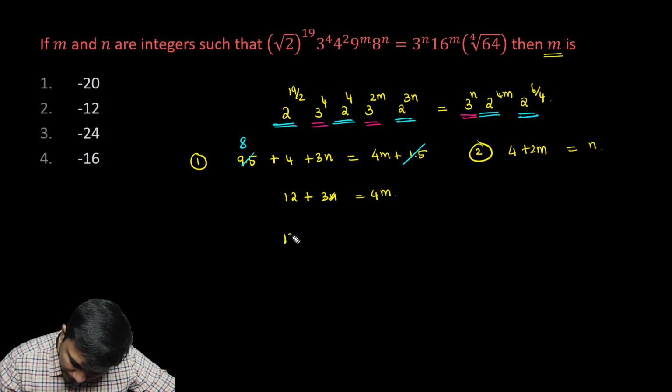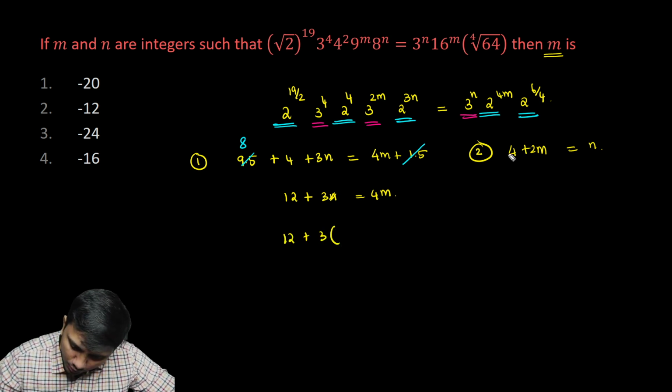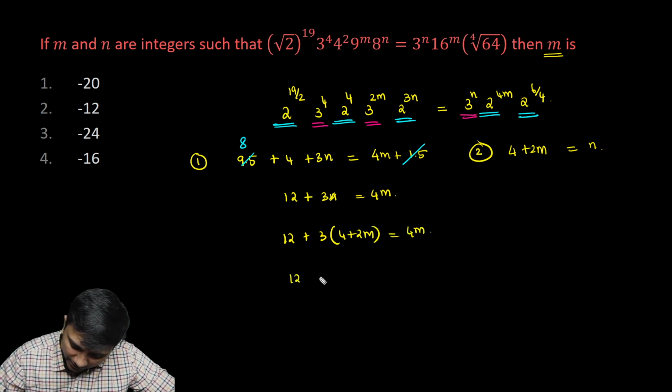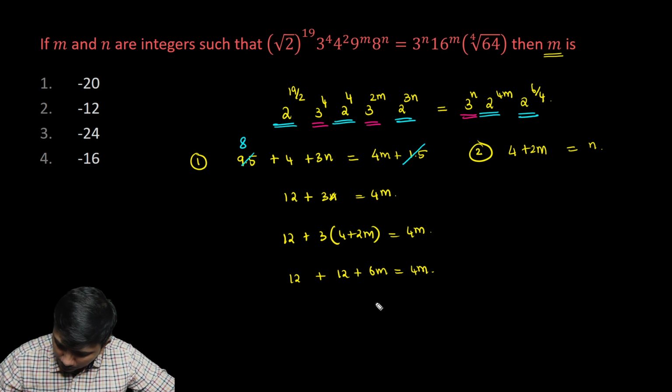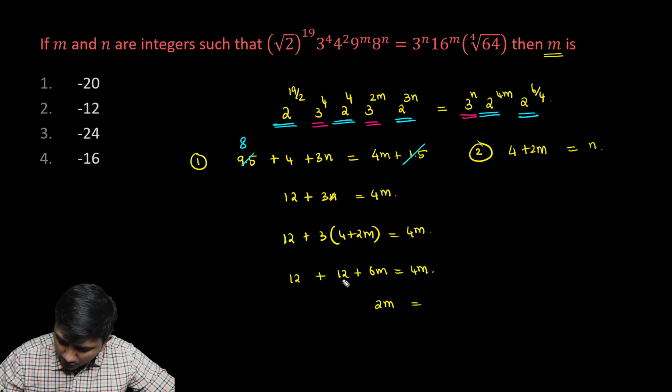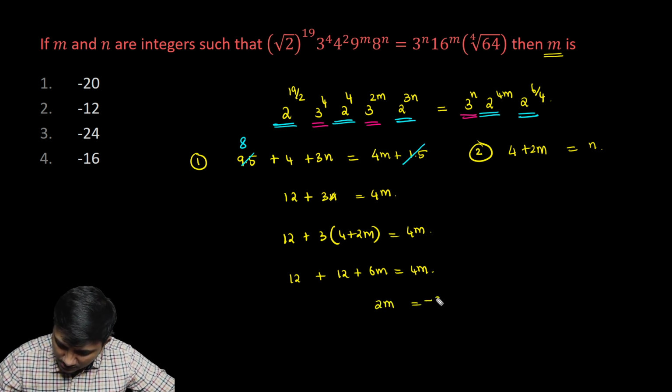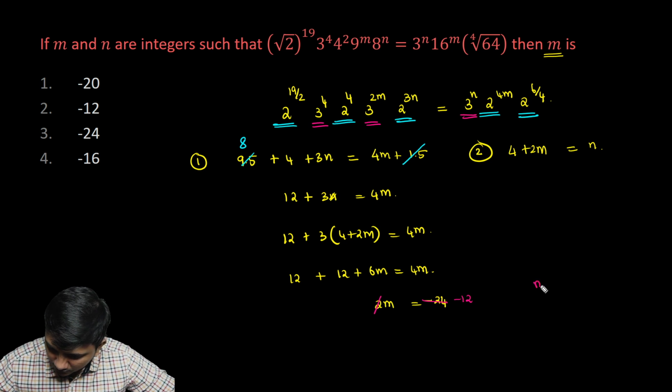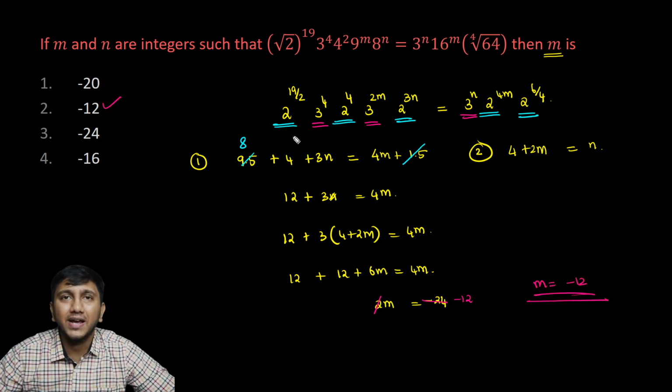So this will become 12 plus 3 into 4 plus 2m is equal to 4m. That's 12 plus 12 plus 6m is equal to 4m. 6m and 4m, so I have 2m more on my left side. 12 plus 12, 24 goes on the other side, becomes minus 24. So m will become minus 12. So value of m is minus 12. So answer is minus 12 for this question.